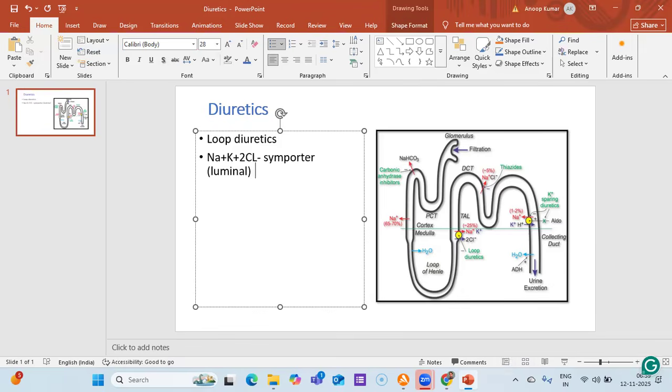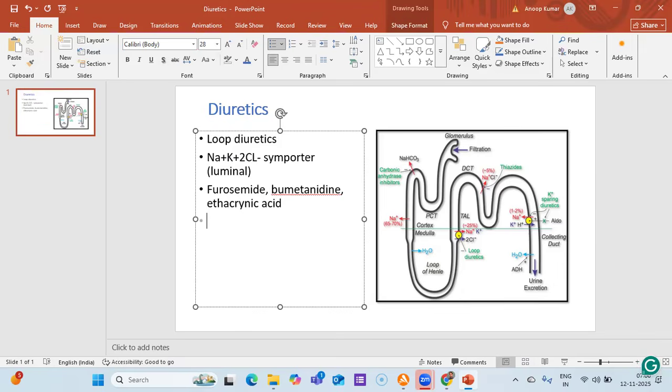So it acts on the ascending loop of Henle, and the well-known drug under this category is furosemide. There is also bumetanide and ethacrynic acid. So these are all your loop diuretics.